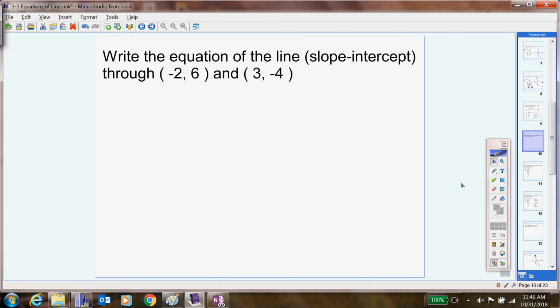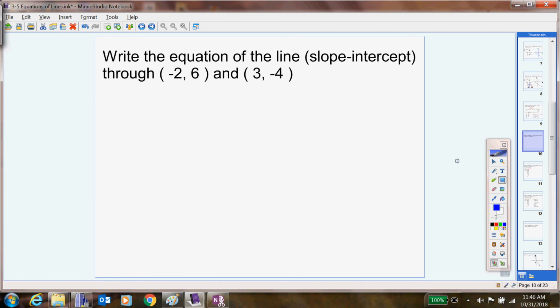So we've got the 2 points. What do you think you would need to do first in order to find the equation of the line? We are going to try y equals mx plus b, and we've got a couple of x's and y's, but what are we missing?